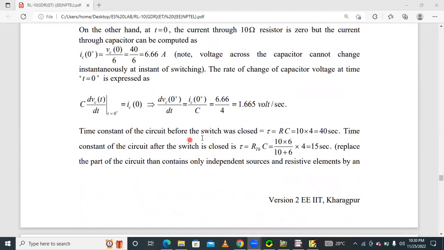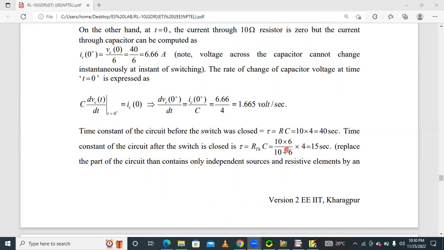The time constant before the switch was closed is tau equal to RC, that is 10 into 4, so 40 seconds. The time constant after the switch was closed is tau equal to RTH into C, that is 15 seconds. So 40 seconds before the switch was closed and 15 seconds after the switch was closed.